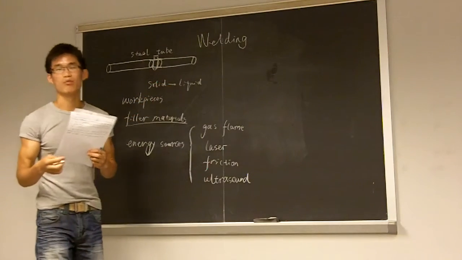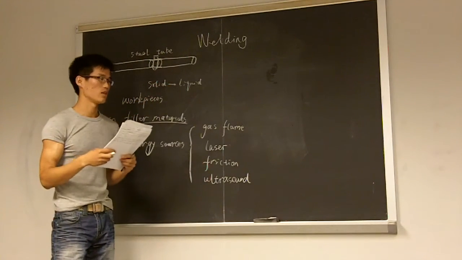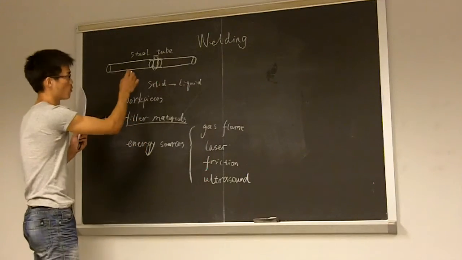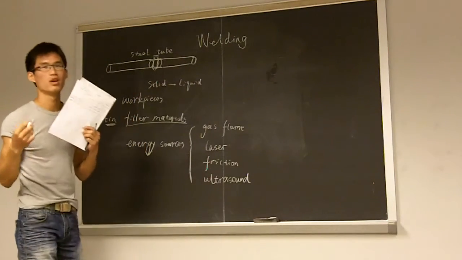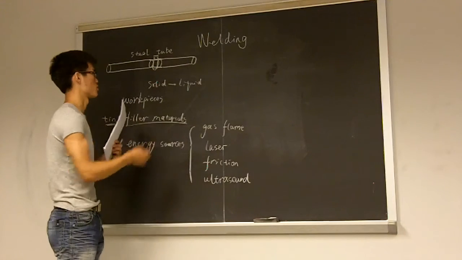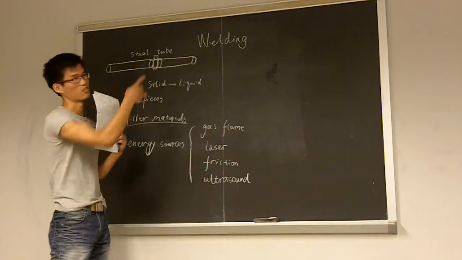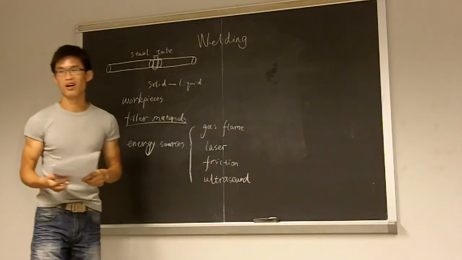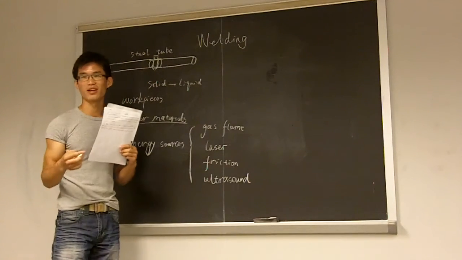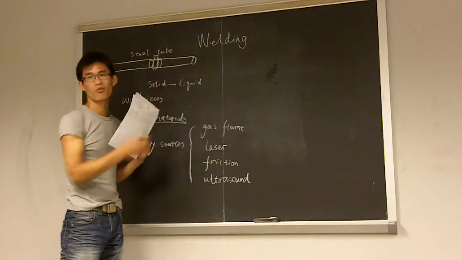But in practical production, it's more professional and more complex, and there are some details we should focus on. It's not that easy, and you should be careful. It's dangerous. Okay, does everybody understand the welding?